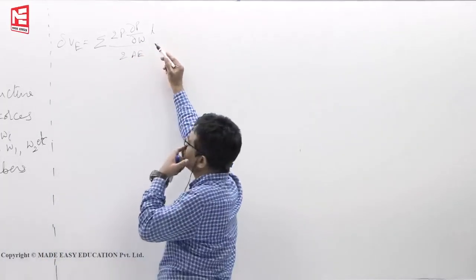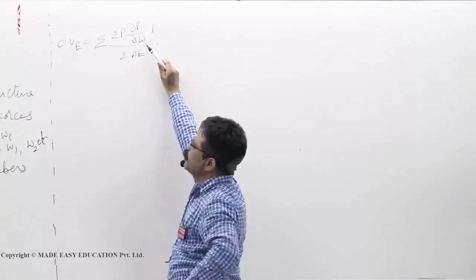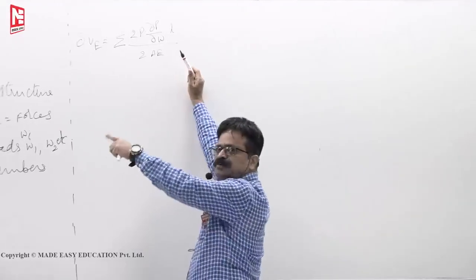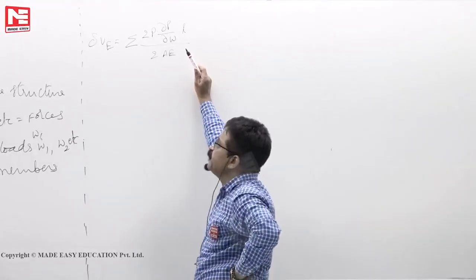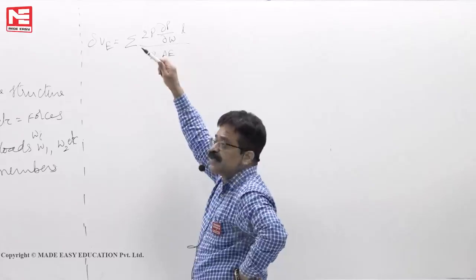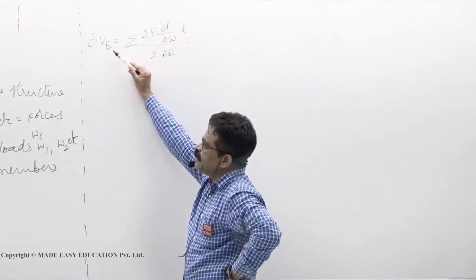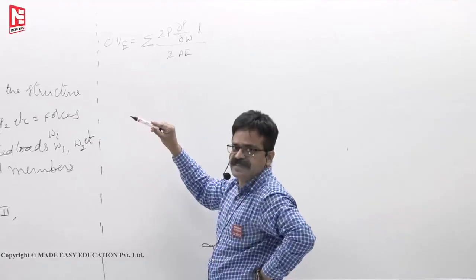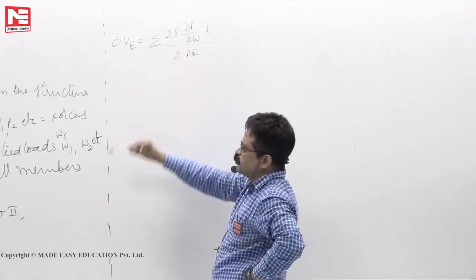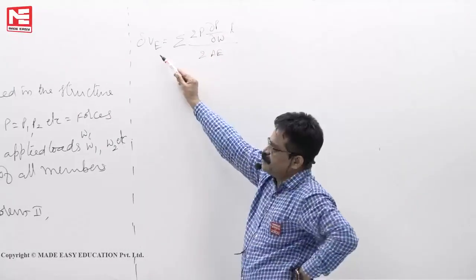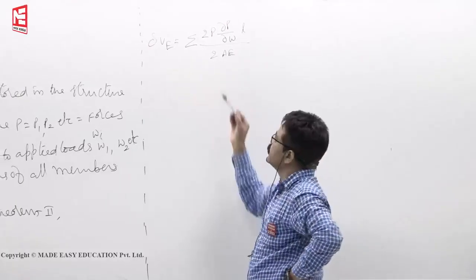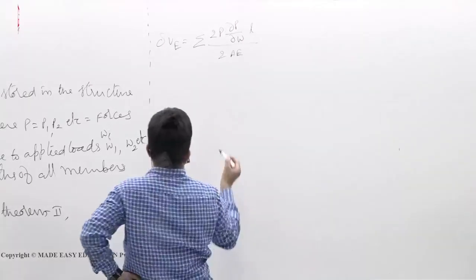Why we write this is because in this case I have shown only W, but there can be W1, W2, W3 also. Many loads can be there. Out of all the loads, if you differentiate with respect to W, you will get delta VE. If at C a load W2 is there, then dou U by dou W2 will give you displacement at C, like that. So that's why it is partial differentiation.